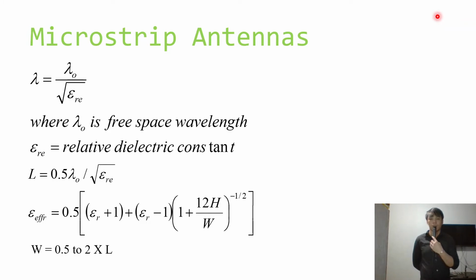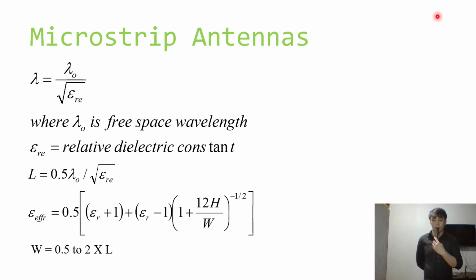So lambda is equal to lambda naught over the square root of the relative dielectric constant, where lambda naught is denoted as the free space wavelength, and the relative dielectric constant. So L is equal to half of the free space wavelength over the square root of the relative dielectric constant.